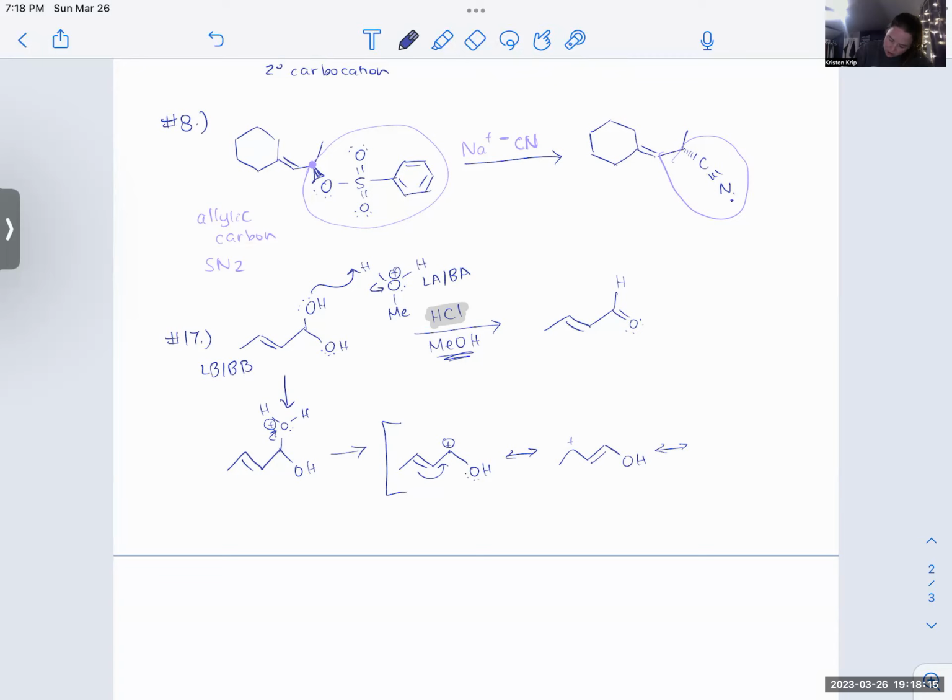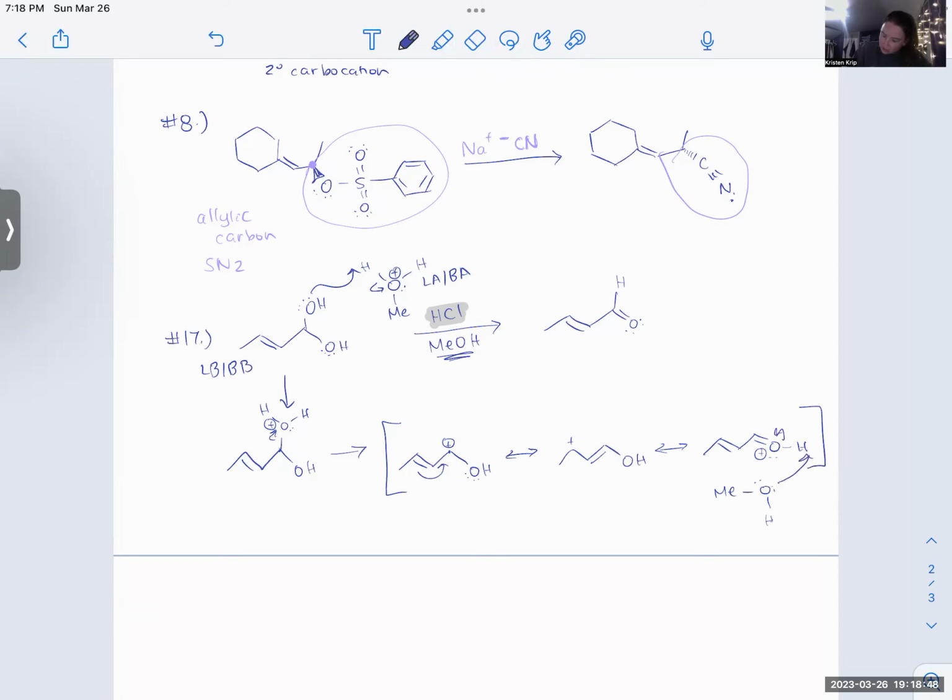Or our oxygen can form a double bond, right? So if we imagine that instead happening, we end up with something that looks like this, and this has a positive charge. So now our deprotonated methanol is going to come in again and re-grab this hydrogen.